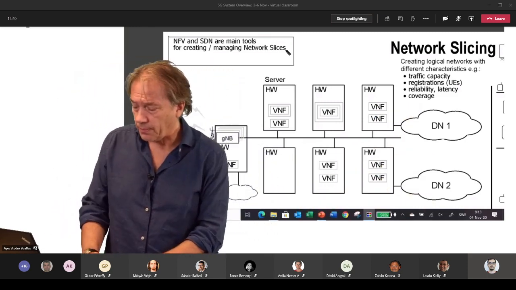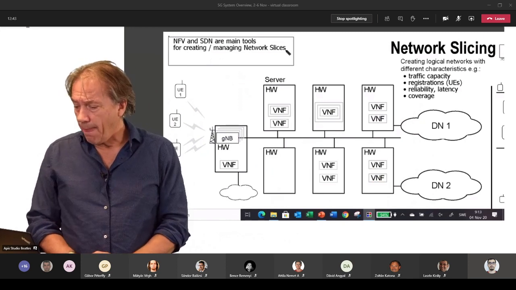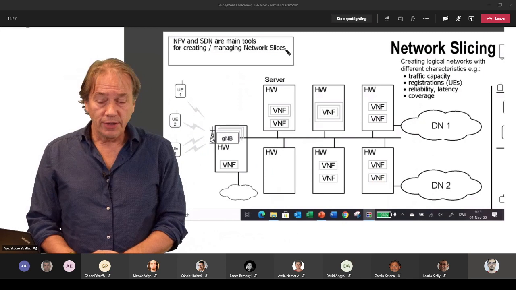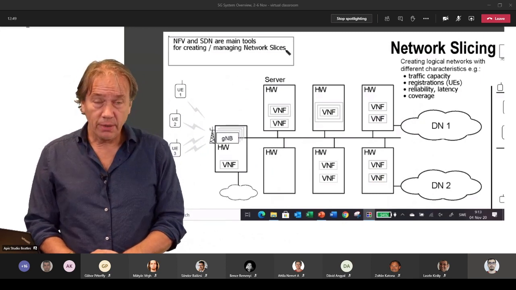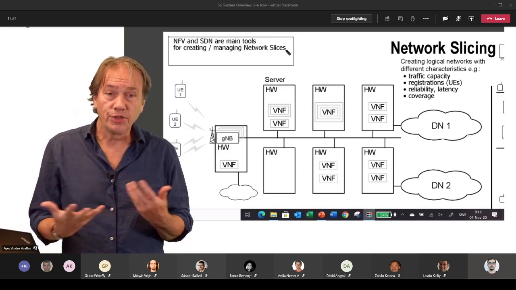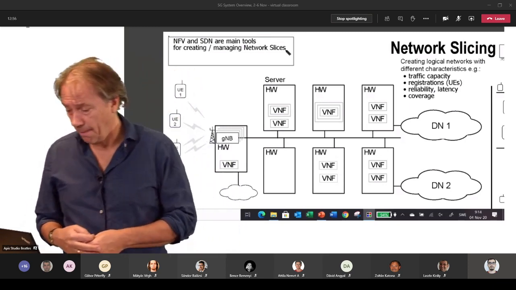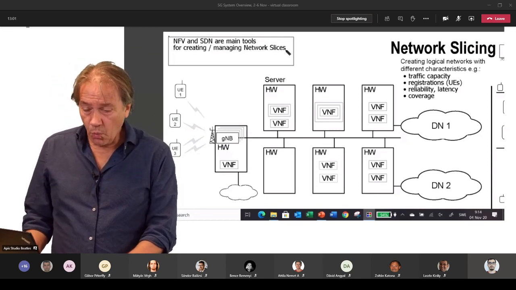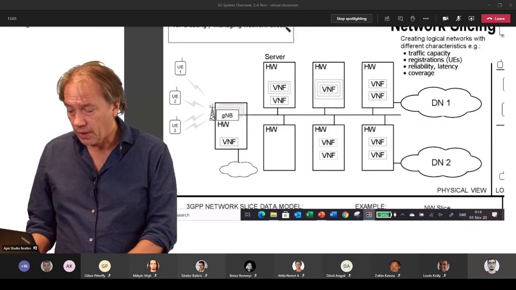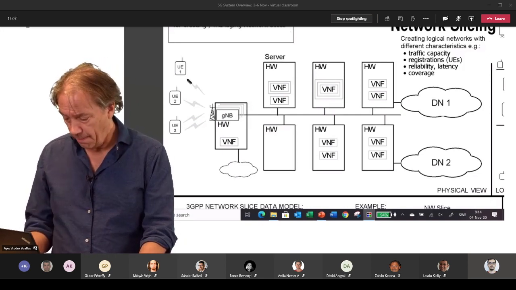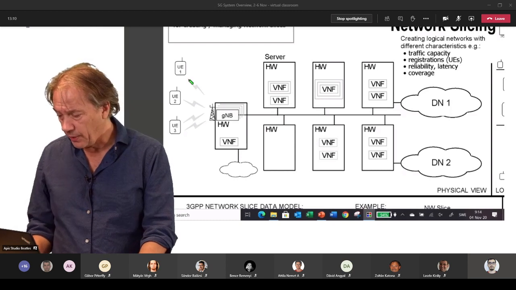So what we will do is that we will create 3 different network slices, a green and blue and red network slice. So this time I will use colors for different network slices. Let's say that user equipment 1 belongs to the green network slice. So out here on the radio interface, we have some green radio resources.